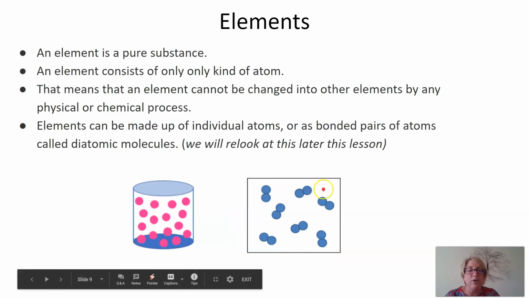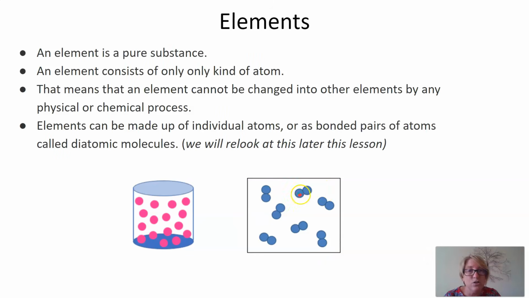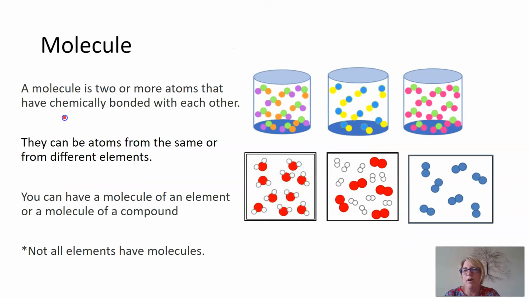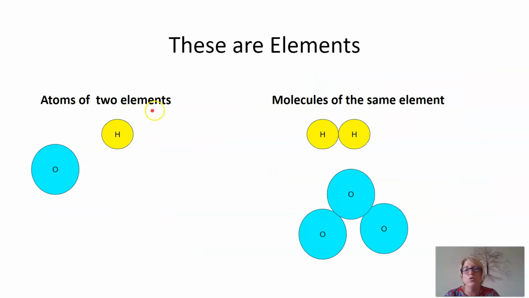But in this diagram, you can see that the atoms, which are represented by the colored circles, are bonded together. So this is just a pictorial representation of atoms, of elements. So this diagram here shows atoms of 2 elements.